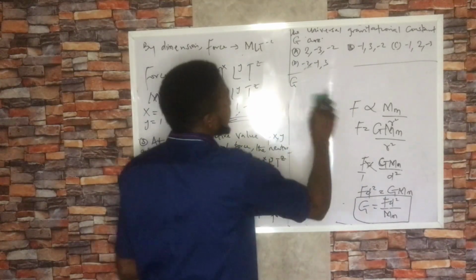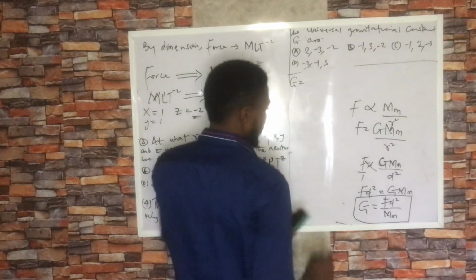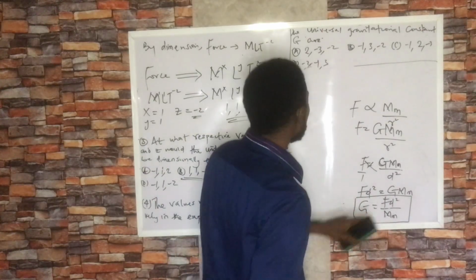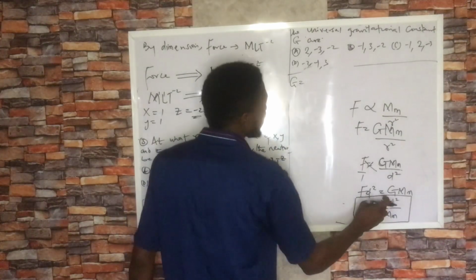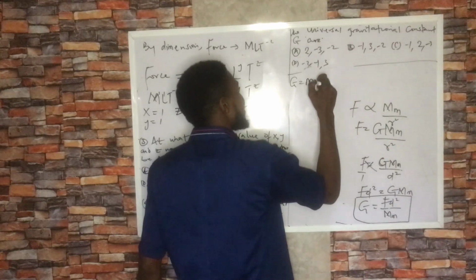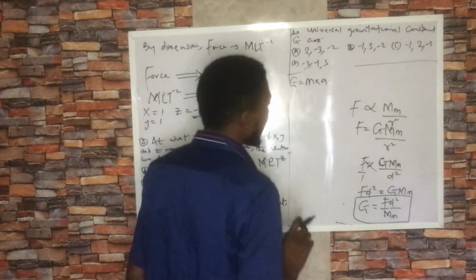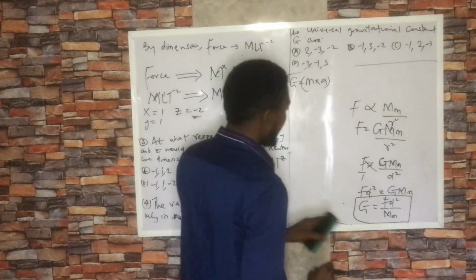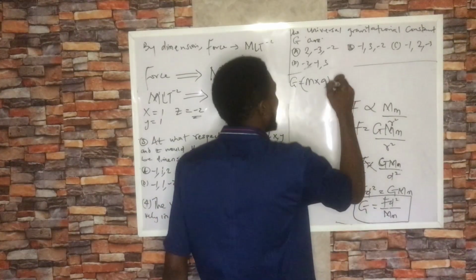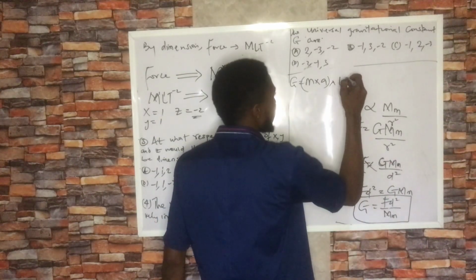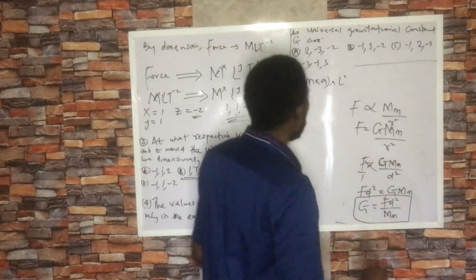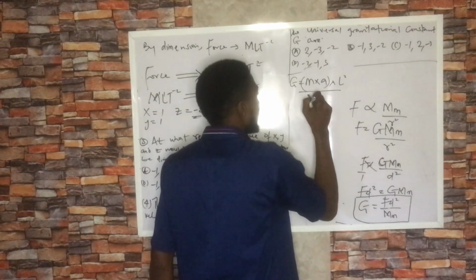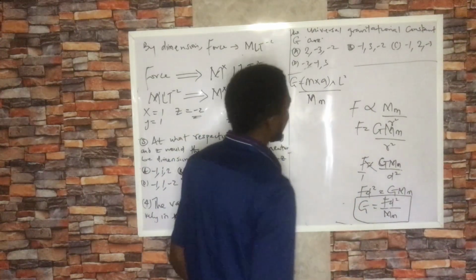Let's do it this way. Let's say G is equal to force. By formula, force is given as mass times acceleration. This will be much easier. Then times our d, you can use L squared, and then over capital M small m.